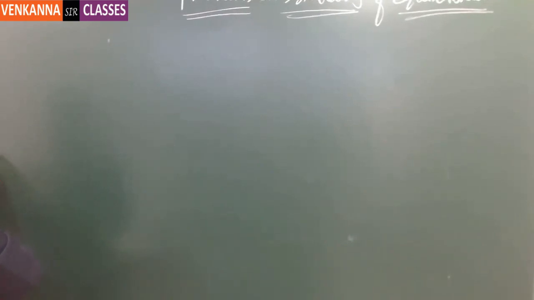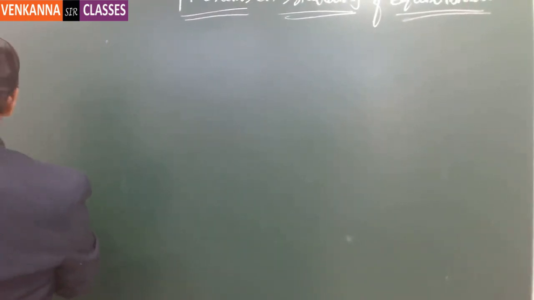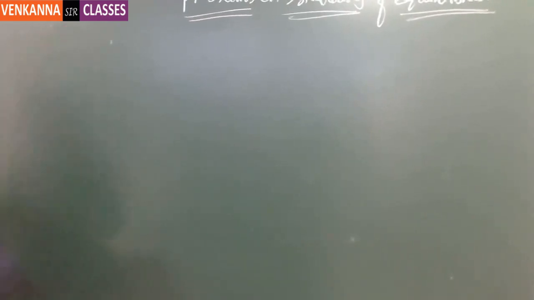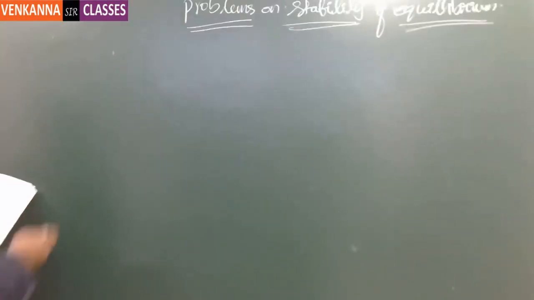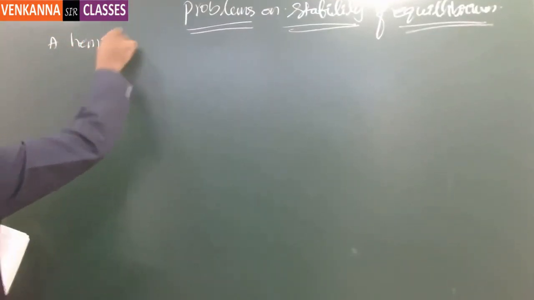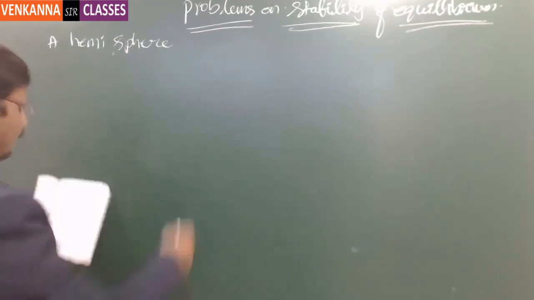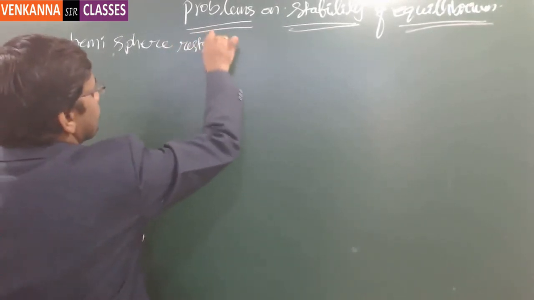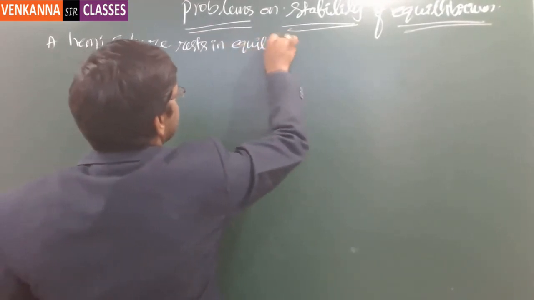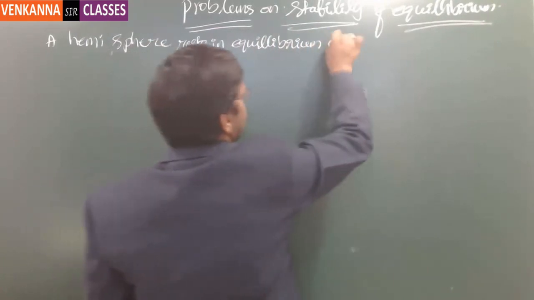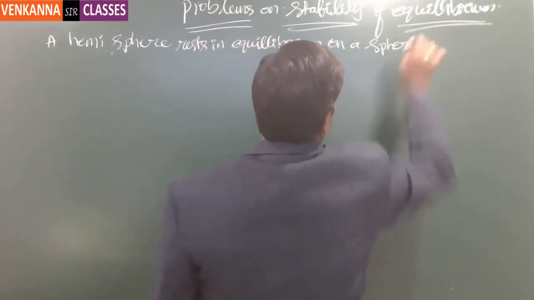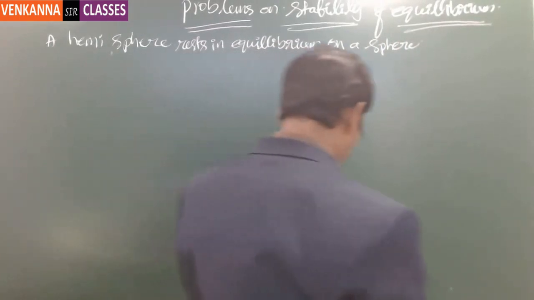A heavy uniform cube. So note down one more. A hemisphere rests in equilibrium on a sphere of equal radius.